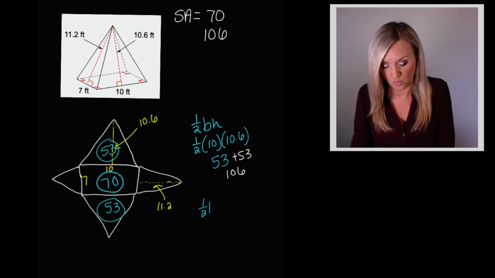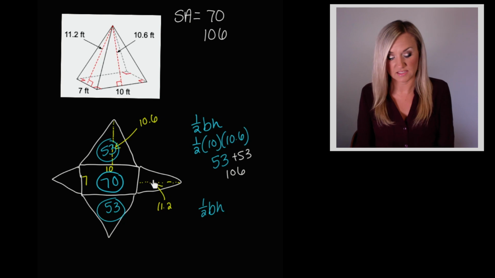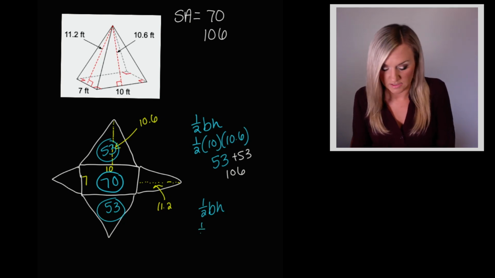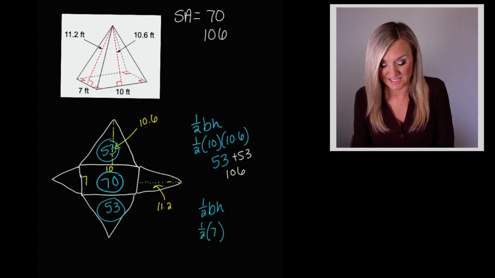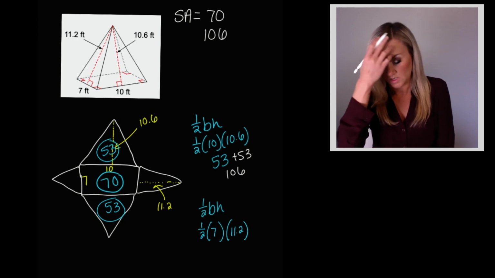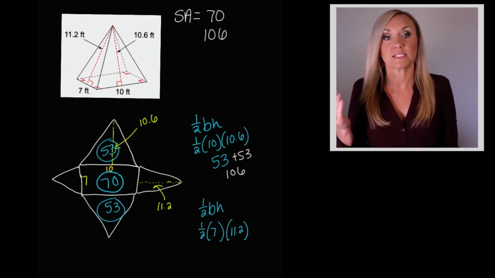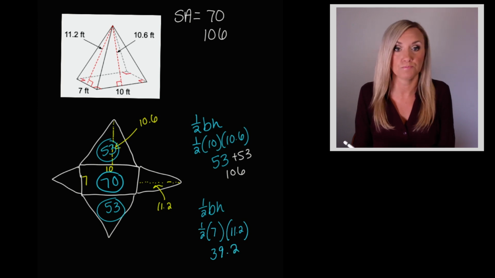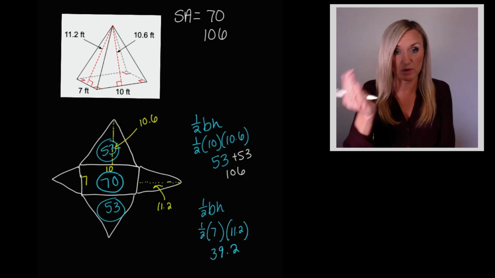So now we have 1/2 base times height of this guy right here and this guy right here. All right, so 1/2, that base is 7 and that height is 11.2. So 1/2 of 7 times 11.2 is actually 39.2. And if we multiply it by 2, because we got 2 of them, right?